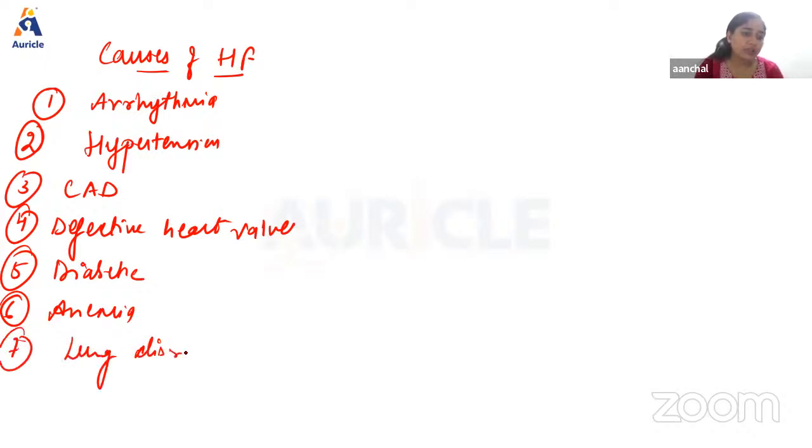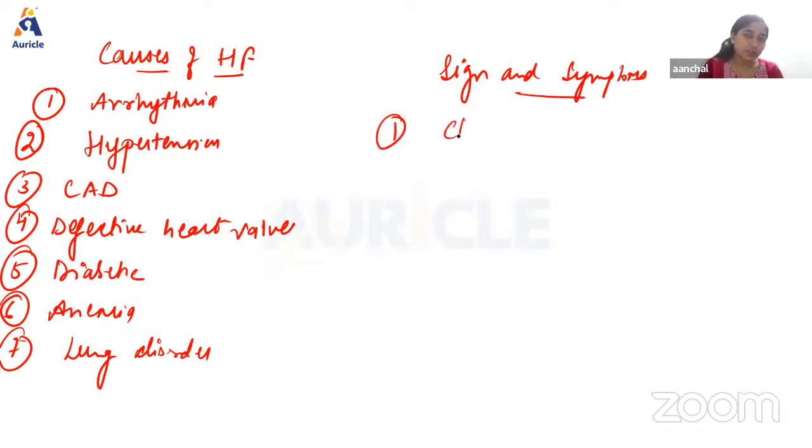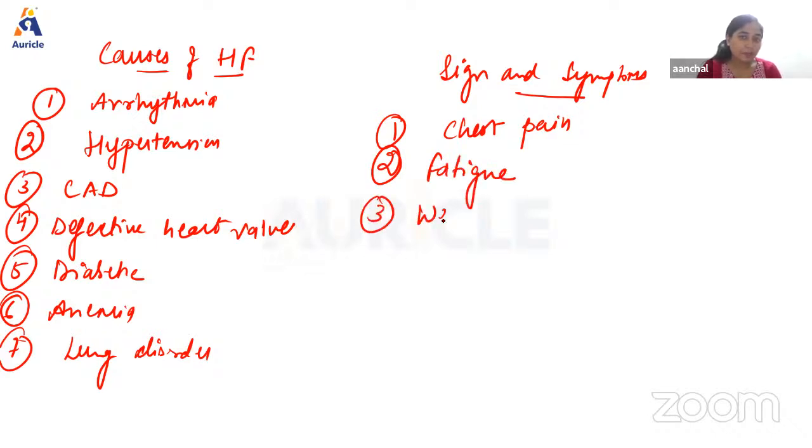Okay, and if we look at the signs and symptoms, what will be the signs and symptoms that first appear if the person is having heart failure? Various common signs and symptoms are there, like chest pain, fatigue, weakness. They will be short of breath.